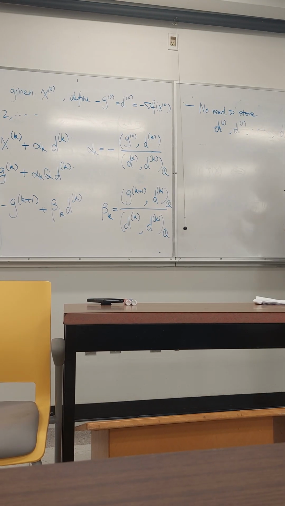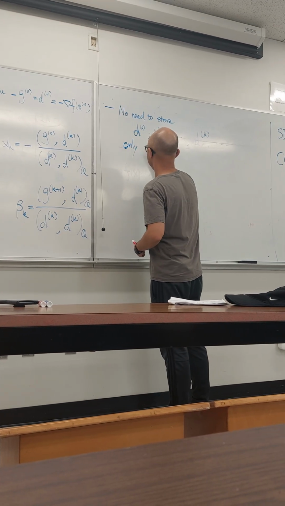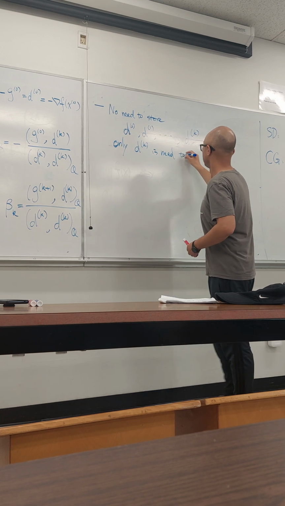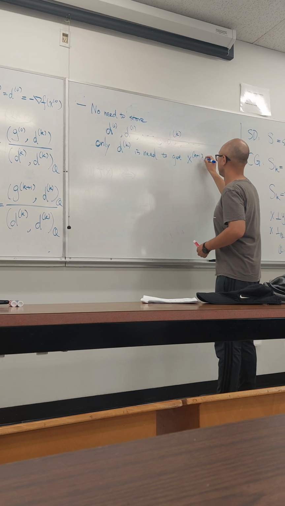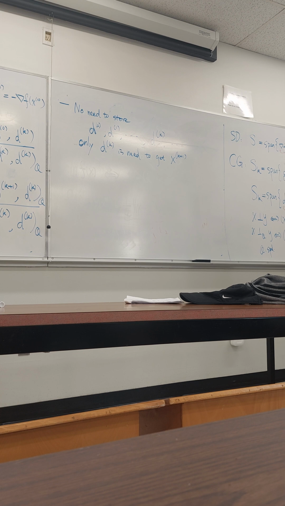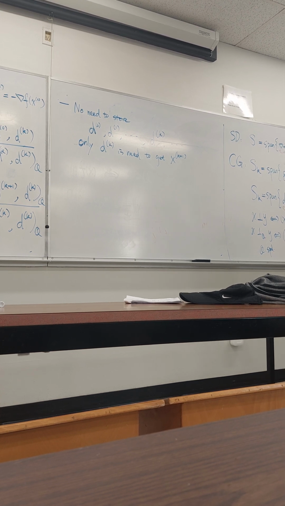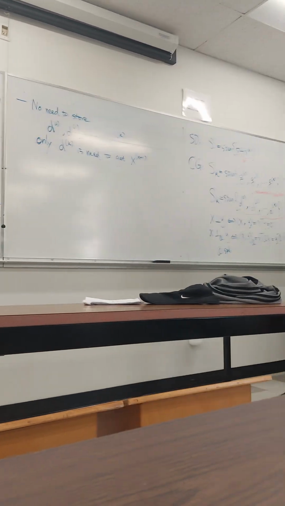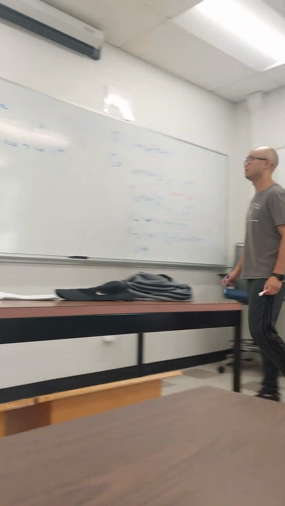Only d_k is needed to get x_{k+1}. All right. Think about it. We have a subspace of dimension k+1, but this is the only vector needed to minimize in such a big subspace.